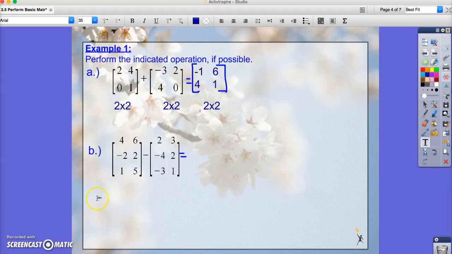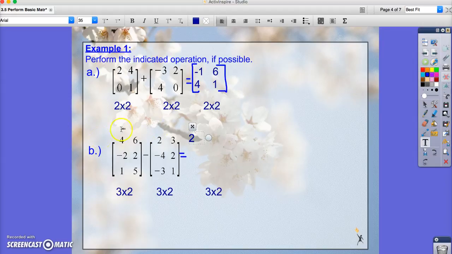Now let's do the next one. Actually, before we start, let's do the same thing here. What's my rows by columns? I have 1, 2, 3 rows by 2 columns. This is a 3 by 2 matrix. What's this one? 3 by 2. They are the same dimensions, so what they will form is a 3 by 2. All right, let's try this one out. 4 minus 2 is 2.